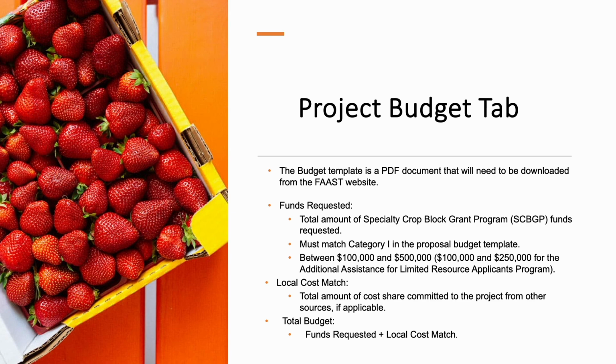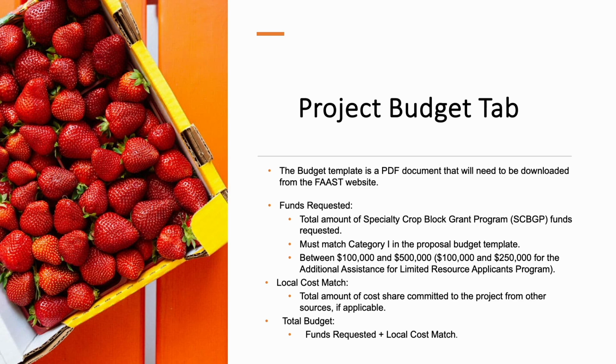This amount must match Category 1 in the budget template that you will attach to your concept proposal application in FAST and must be between $100,000 and $500,000, or between $100,000 and $250,000 for the additional assistance program. Please note that a request outside of this range may result in a proposal being disqualified.